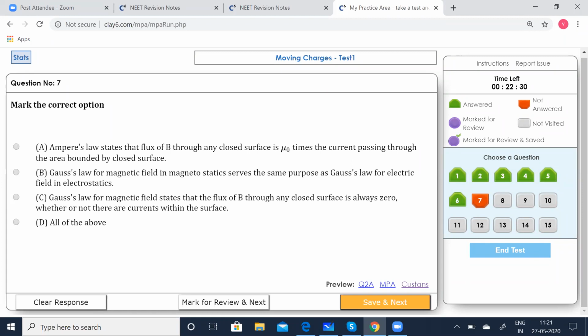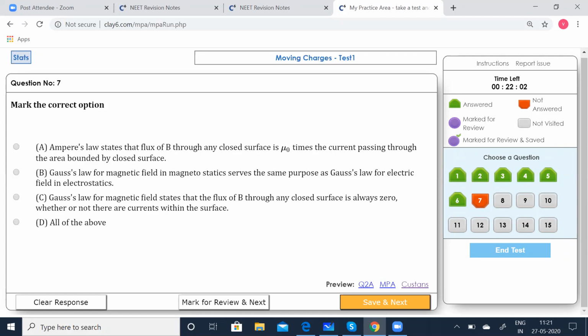Sometimes, even in your board exams, you can expect questions related to magnetic field where you might be asked to derive derivations using Gauss's law. Gauss's law is not only related to electrostatics, but also to charges. So wherever charges come into play, you can apply Gauss's law there.